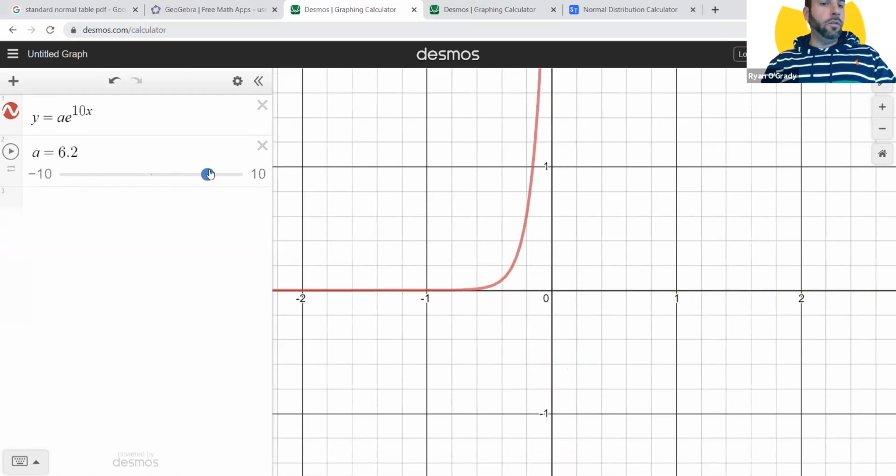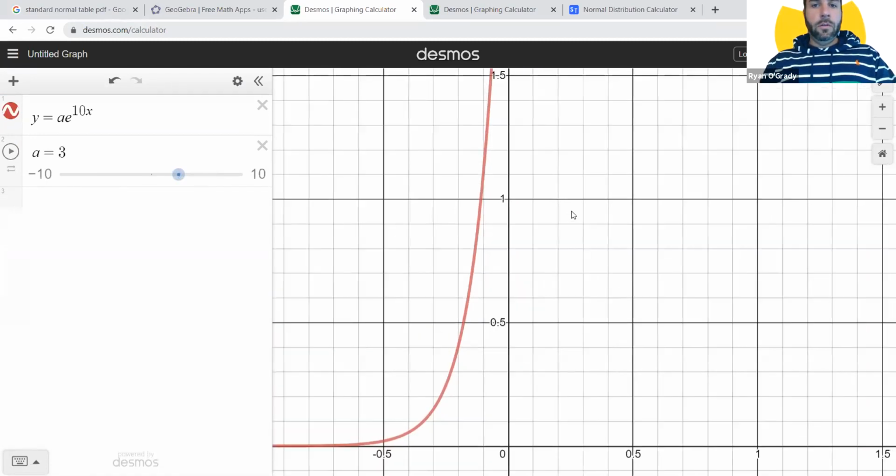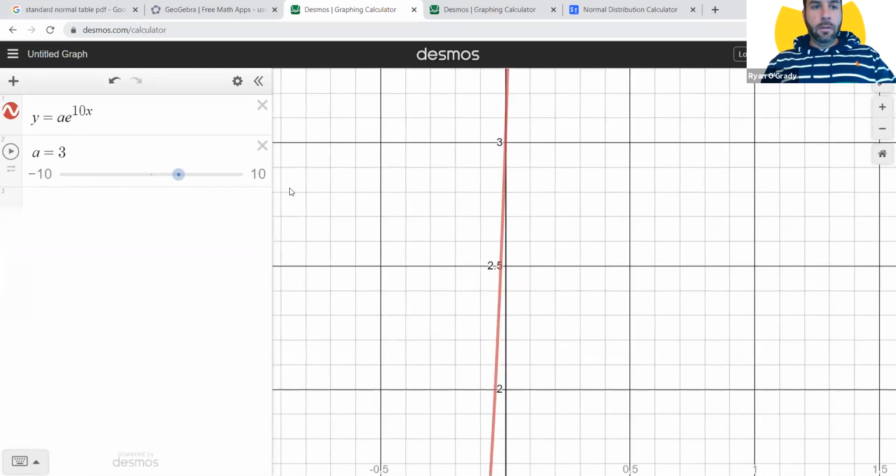These are all different solutions. I want to know the value that goes through the point 0, 6. That's what I want to know. And so there's a systematic way of figuring this out.